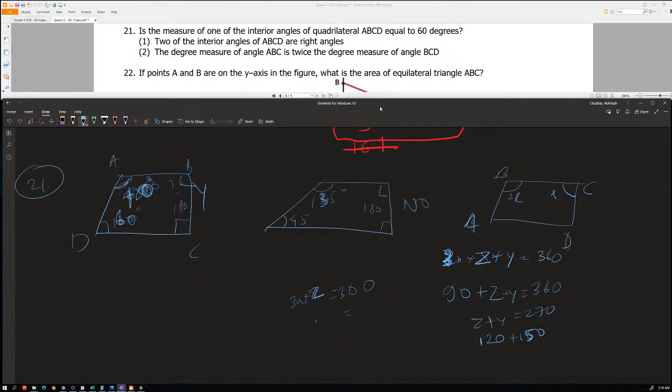So to make this, suppose z is 30 degrees, and this becomes 270 degrees. That means each of the angles is how much? Yeah, 90 degrees. But this is not possible, right? Is it possible? No.